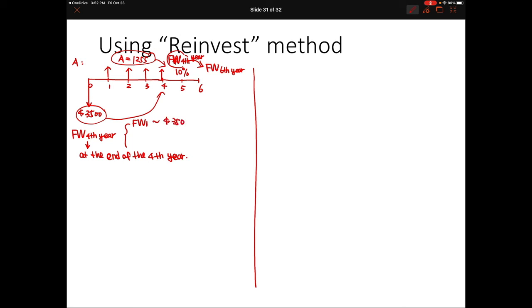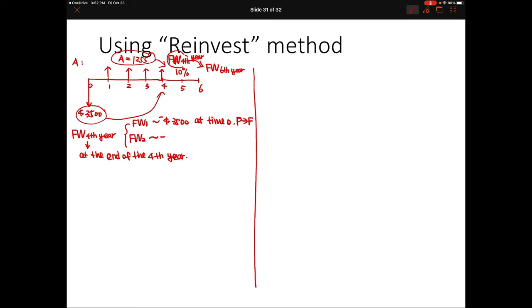Part 1 is the negative 3,500 at time 0, so it's to convert a present value to a future value.